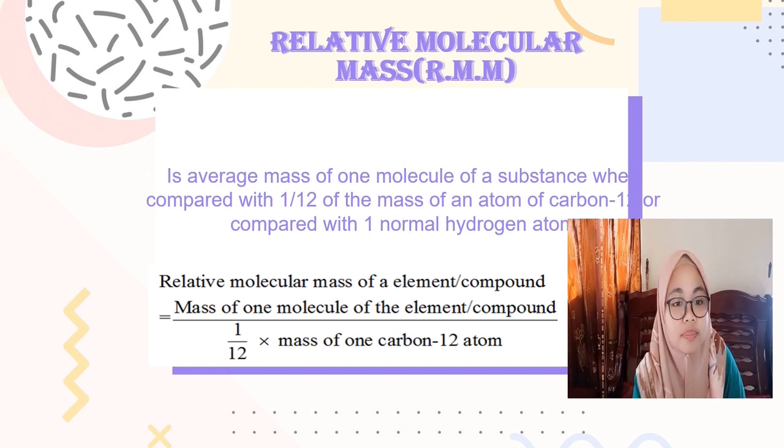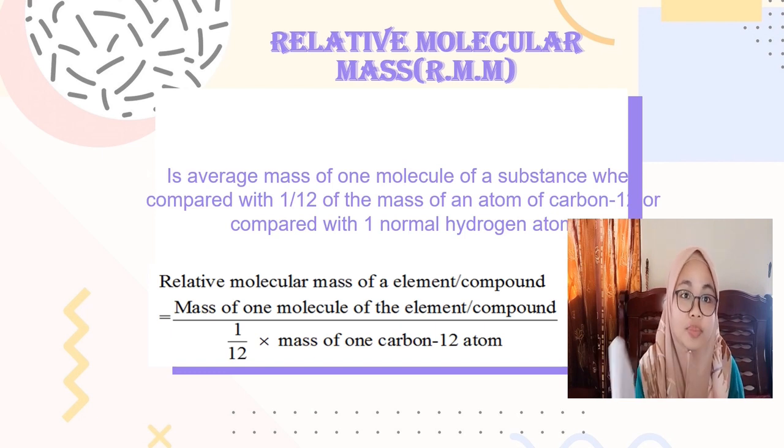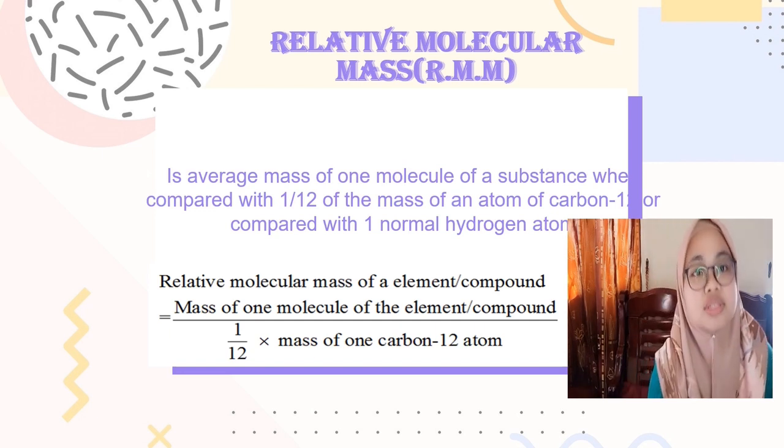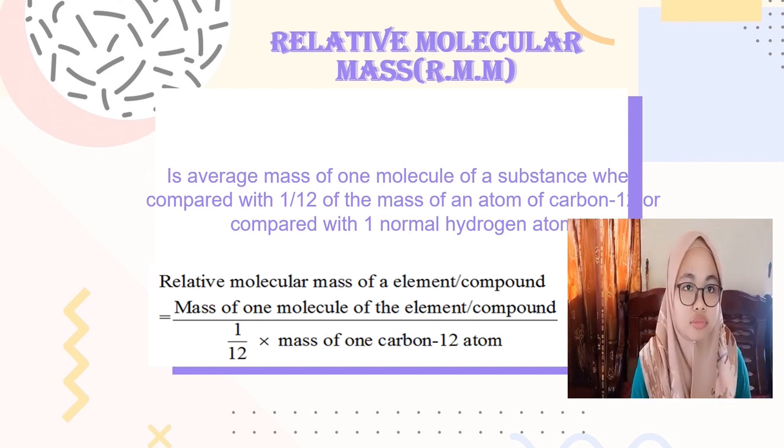You can use the formula for RMM: mass of one molecule of the element or compound divided by 1/12 times mass of one carbon 12 atom.